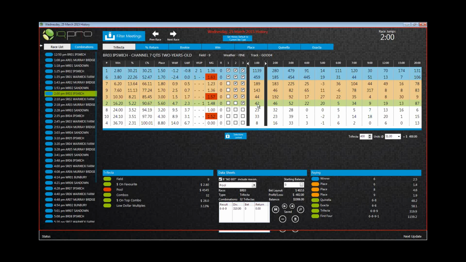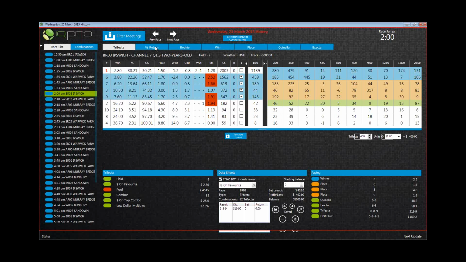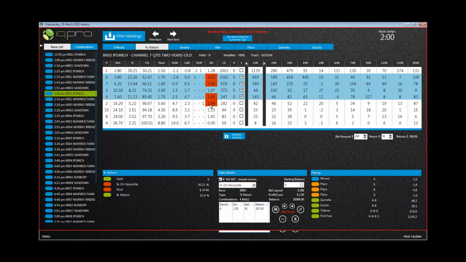But if we look in this green band, we see that we have a similarity of money here. And if we go to percentage return, perhaps the indications are that there is a separator at this level here that's highlighting the fact that there is that similarity of money.